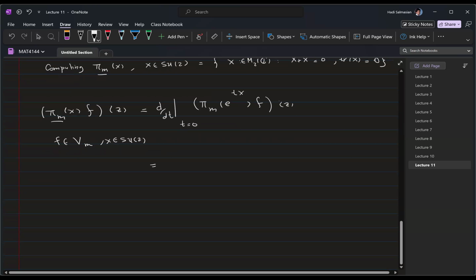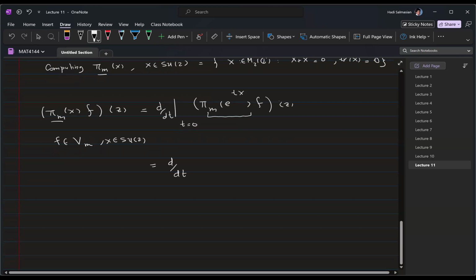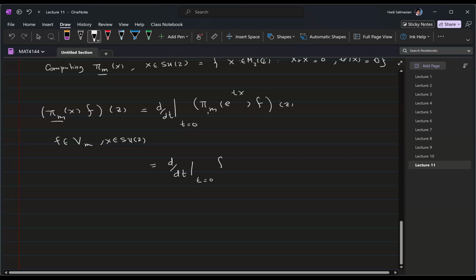And so this is really d/dt. But this pi m was supposed to be just applying the group element's inverse and evaluating. So this is d/dt at t equal to 0 of f of e to the minus tX z, where e to the minus tX is the inverse of e to the tX.